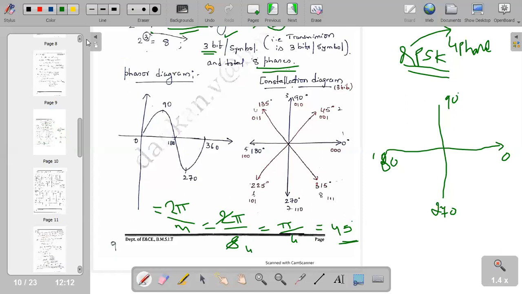Now observe how we compute the total 8 phase angles. First it is 0, and 0 plus 45 degrees gives 45 degrees. Then 45 plus 45 is 90 degrees. Then 90 plus 45 is 135 degrees, and 135 plus 45 is 180 degrees.